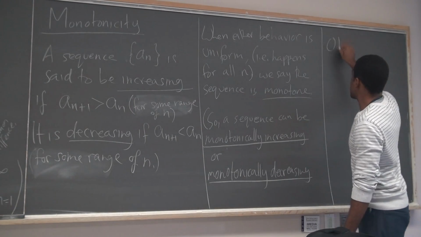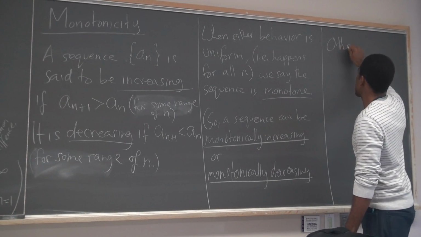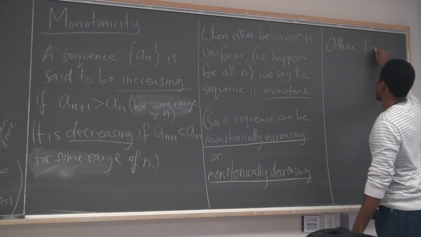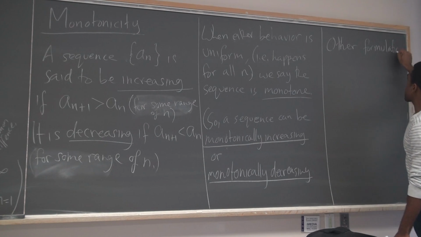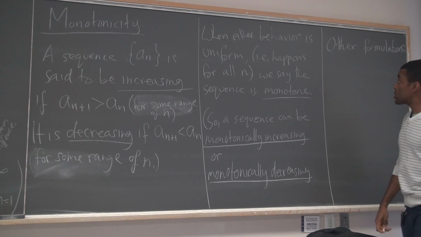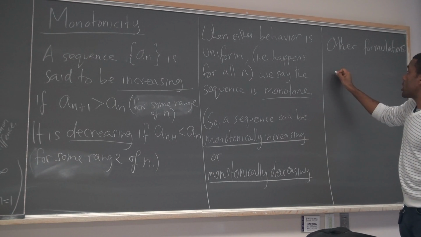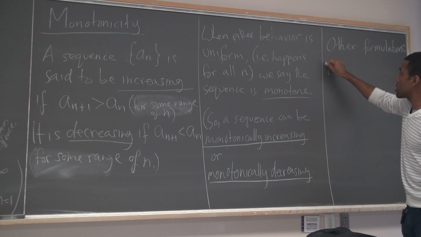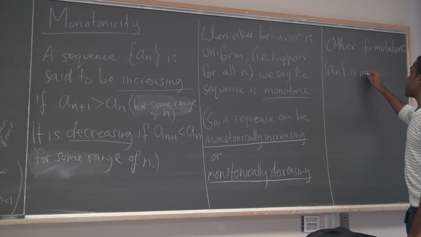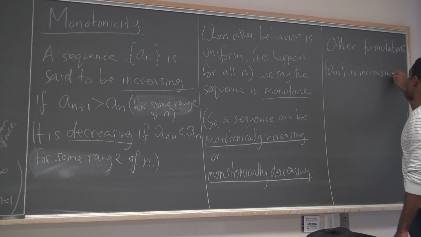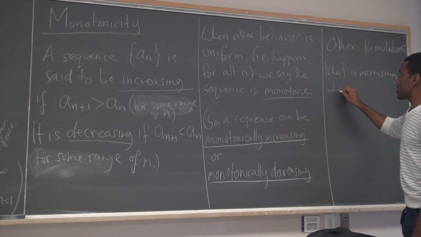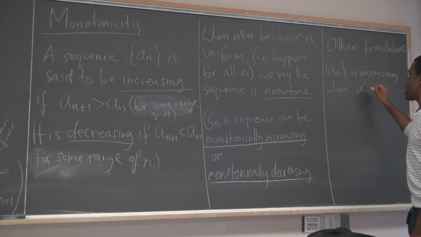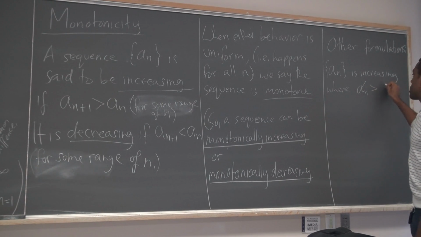Other formulations, of course, you can use the derivative. So I can say a n is increasing where a n prime is greater than 0.